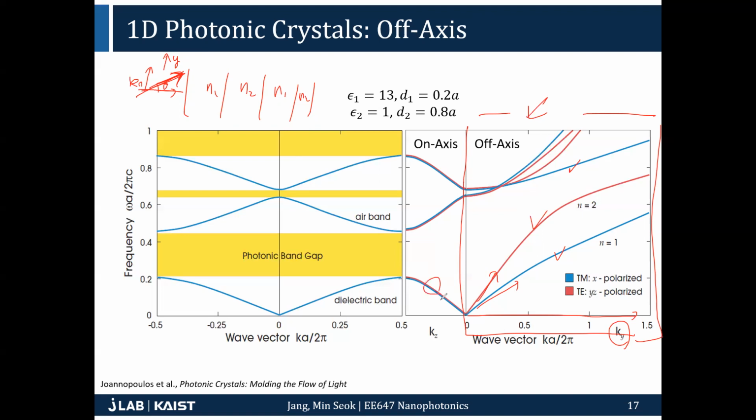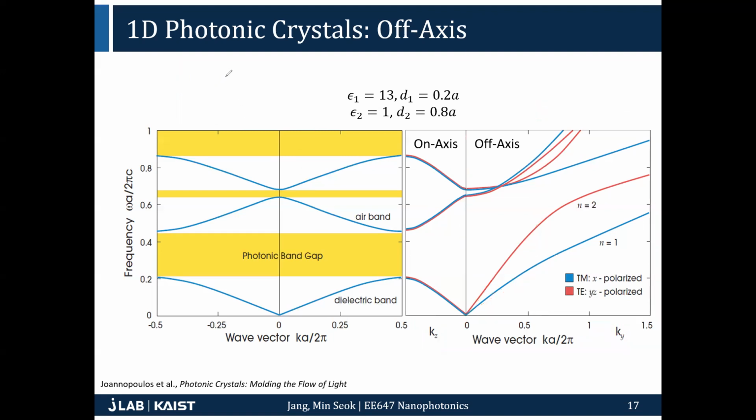Here, if you look at when you are only changing kz, the blue and red curves coincide with each other. But as you go to non-zero ky, they deviate from each other.